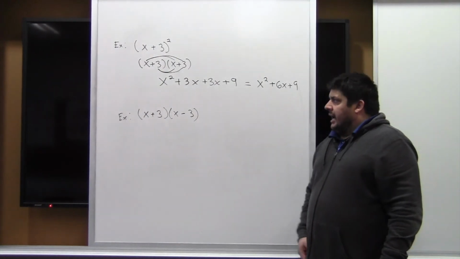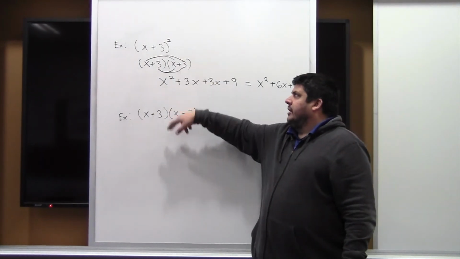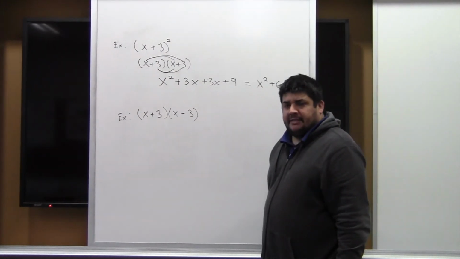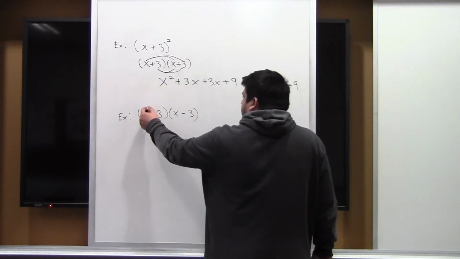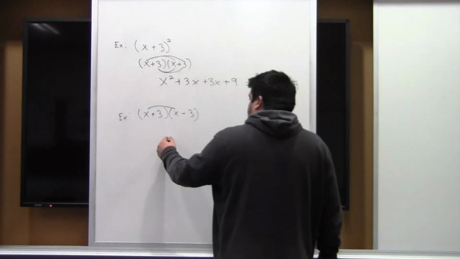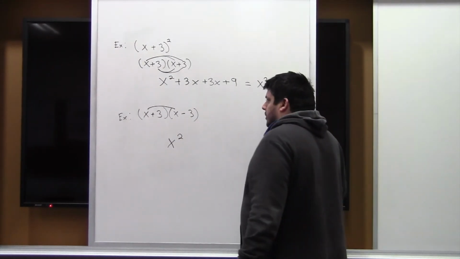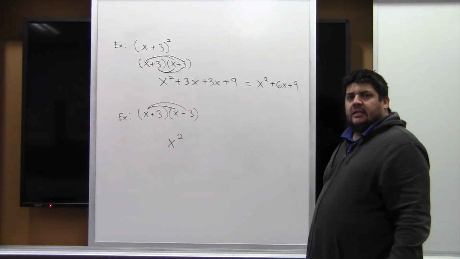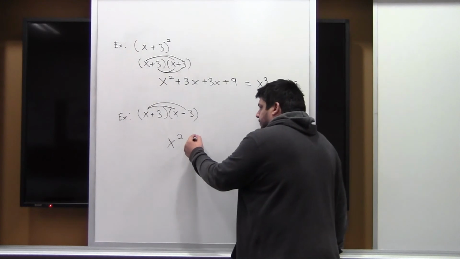Let's look at this one now. Notice I picked these problems. They're similar, but this one has a minus sign in it. Let's look at what happens in this case doing the FOIL. The first two terms, x times x, that's just x squared. The outside terms, x times negative 3, that's negative 3x.